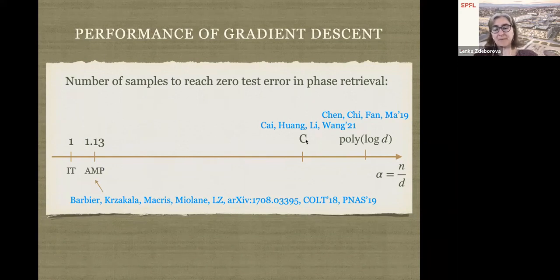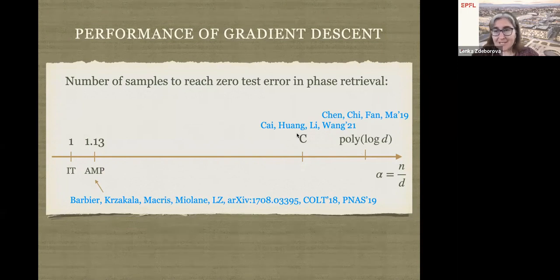There is another paper that slightly changes the loss function that gets rid of these polynomial of log d factors. That's nice, but the constant there stays unspecified, so it can be very big. But nevertheless, there is a constant on the sample complexity under which gradient descent can learn this.